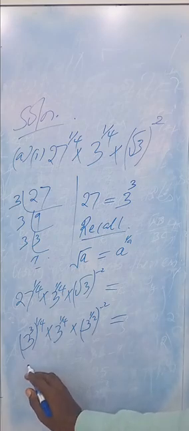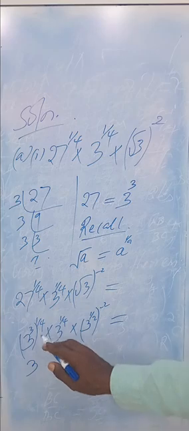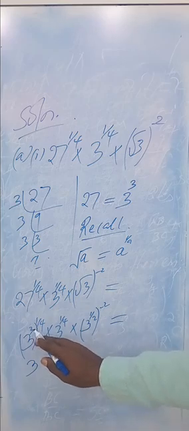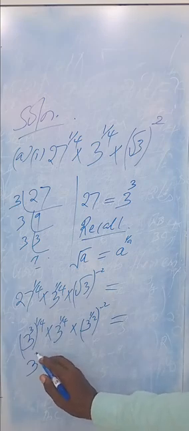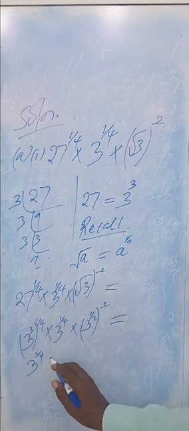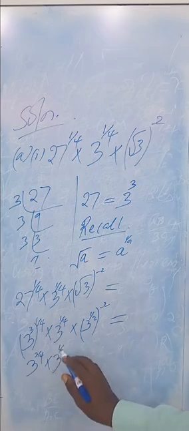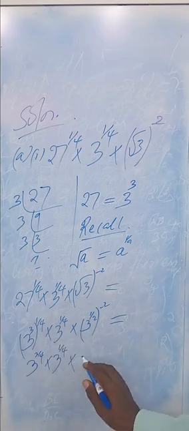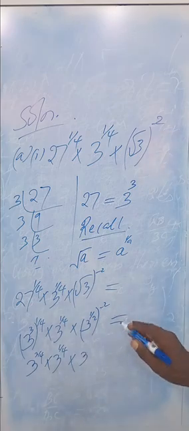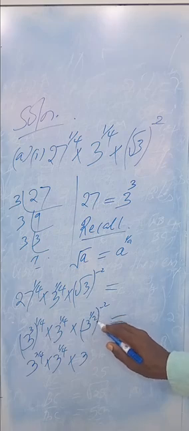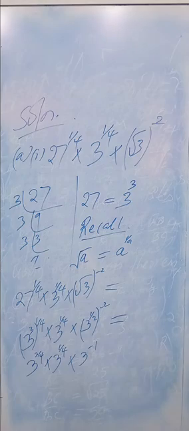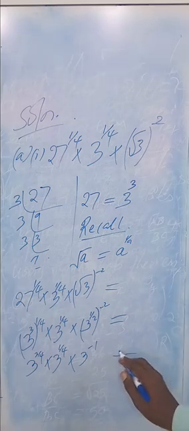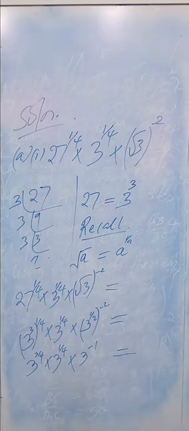Here we are multiplying the powers: 3 times 1 over 4 gives 3 over 4, then times 3 to 1 over 4, then times 3. Here we do the same: we multiply a half by negative 2, which gives us power negative 1.